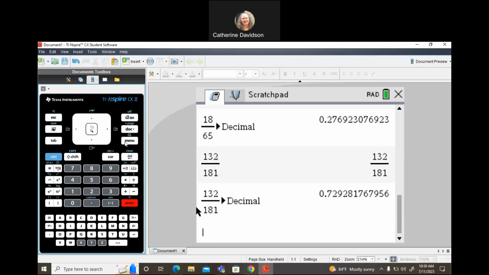I'm going to do 3 decimal places, not for any particular reason. 0.729.